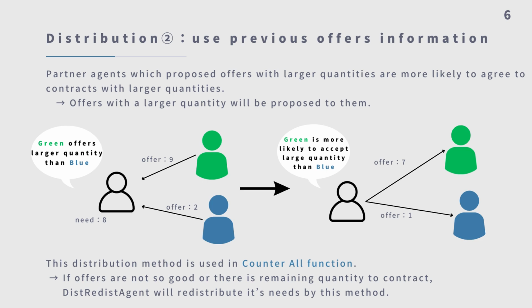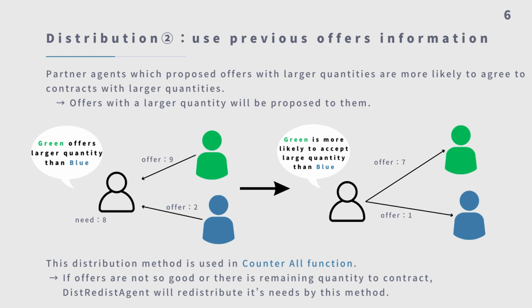Now, the quantity of the offer from green agent is 9 and the quantity of the offer from blue agent is 2. Green offers larger quantity than blue. So, my agent estimates green agent is more likely to accept large quantity than blue. Thus, the quantity of the offer to green agent is larger than the quantity to blue agent.